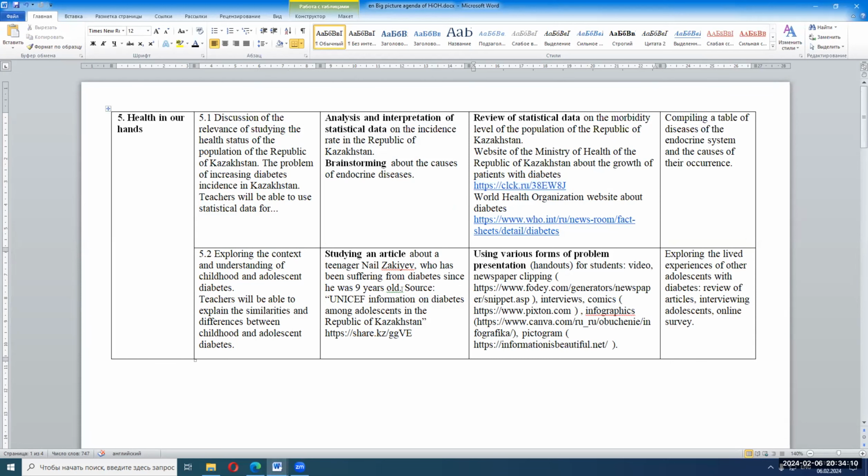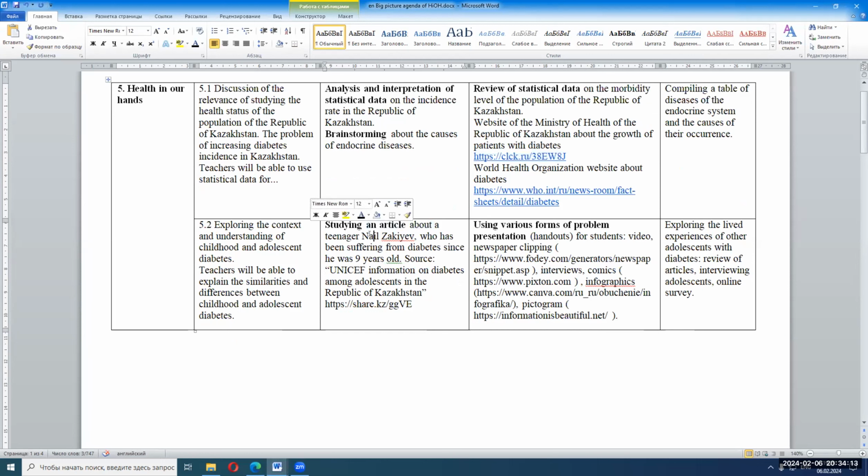For example, me. So studying an article about a teenager using various forms of problem presentation, it's like tips for us as a trainer, how to prepare a presentation about this lesson.